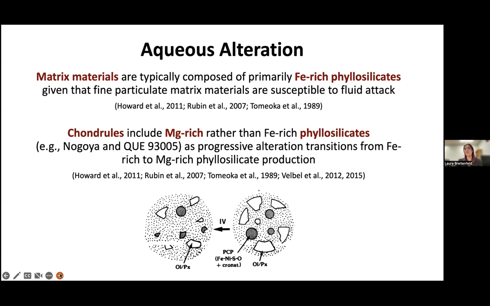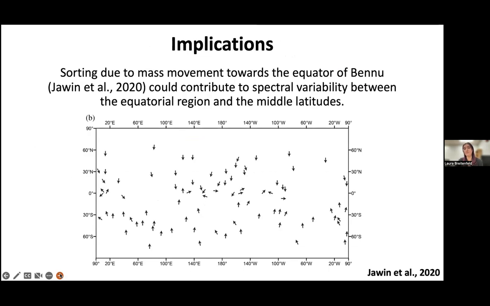And this is because of progressive alteration that transitions from iron production to magnesium-rich phyllosilicate production.